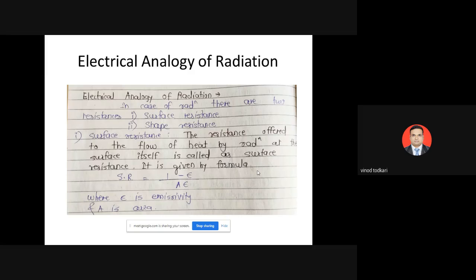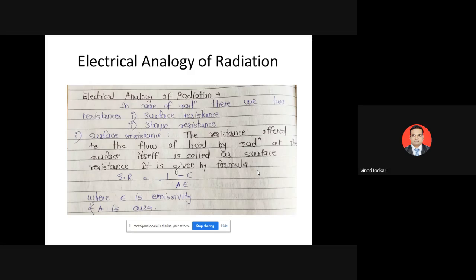It is the resistance offered to emission of heat or resistance offered to absorption of heat. I will explain that later while we discuss electrical analogy. Before electrical analogy, let us understand what the resistances in case of radiation are.